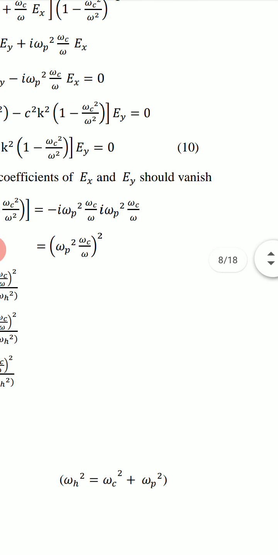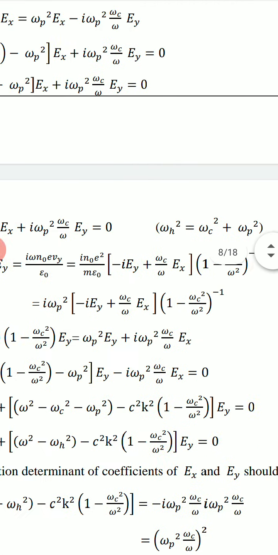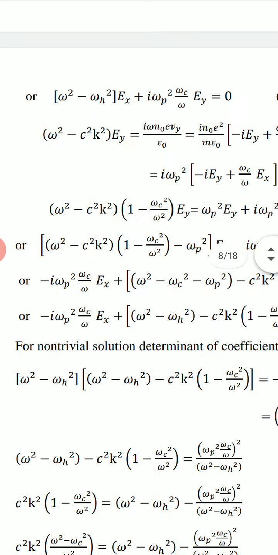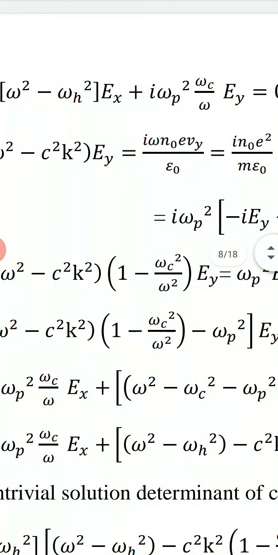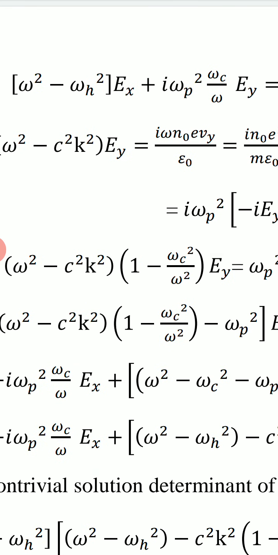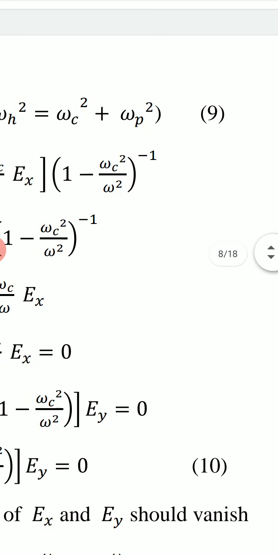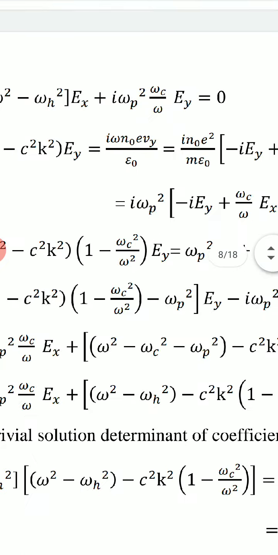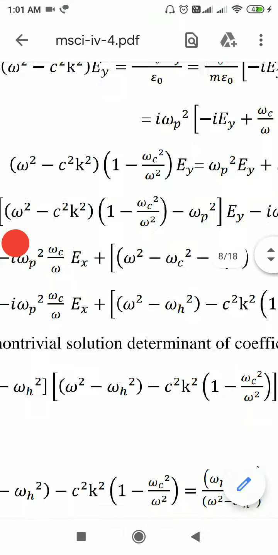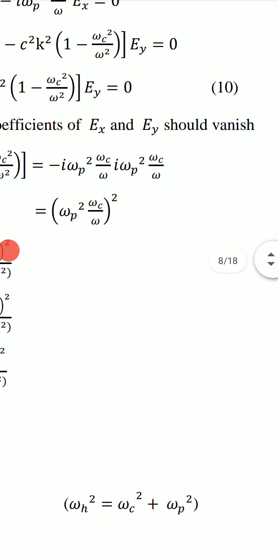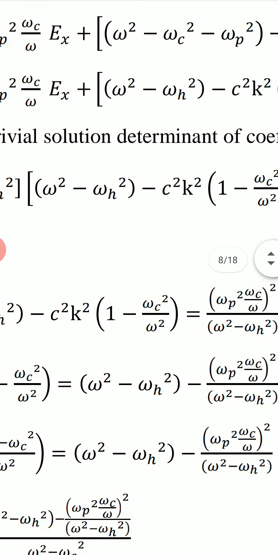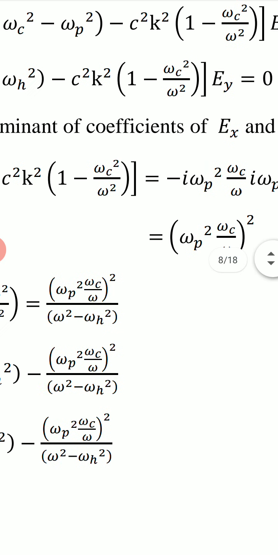Now we get these two equations, equation 10 and equation 9. Equation 9 contains on the left hand side two terms, one of Ex and the other of Ey, and similarly in equation 10 we also have two terms, one of Ex and the second of Ey.